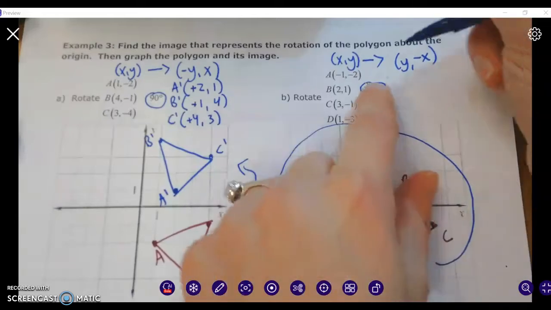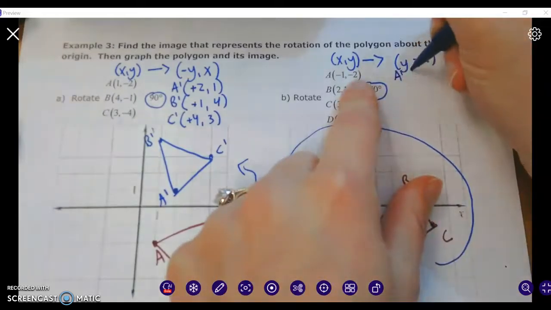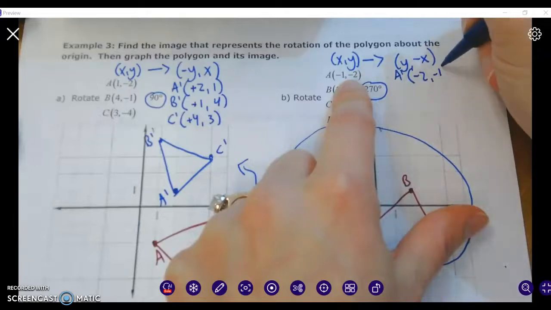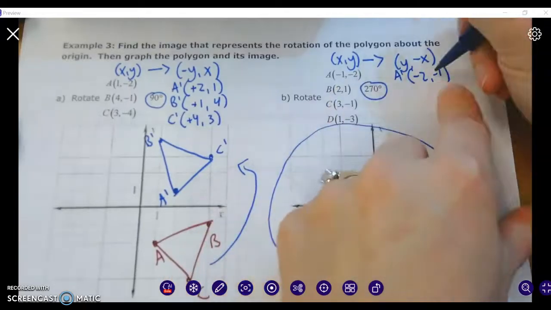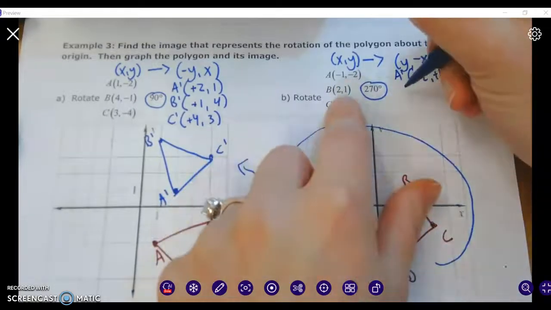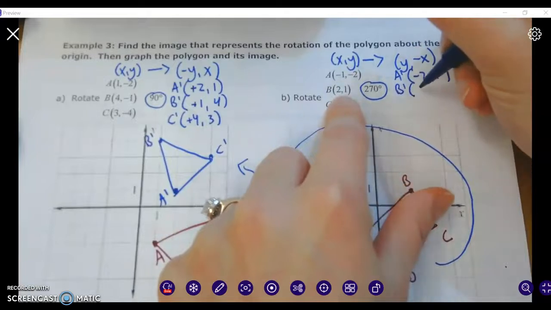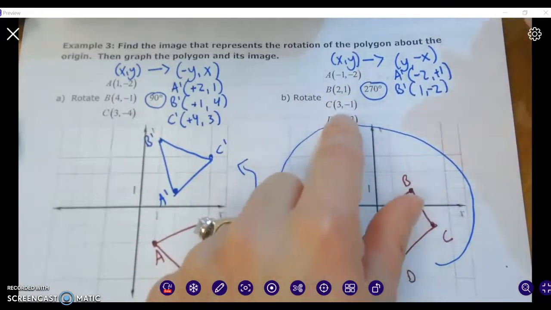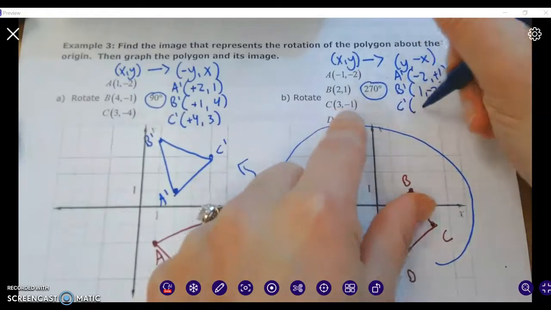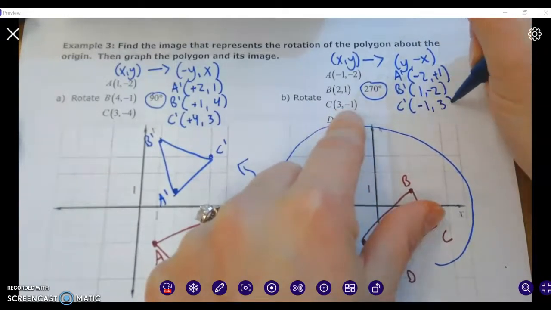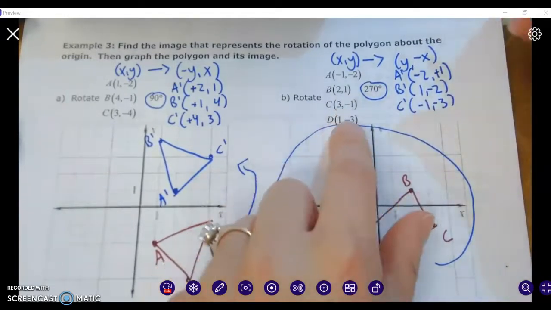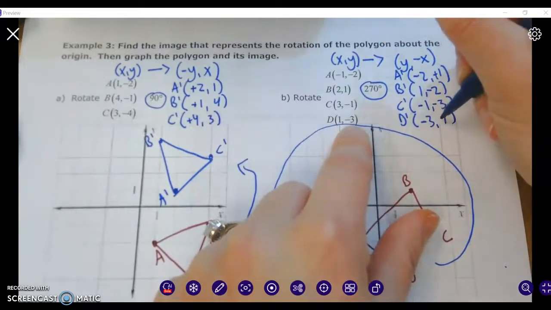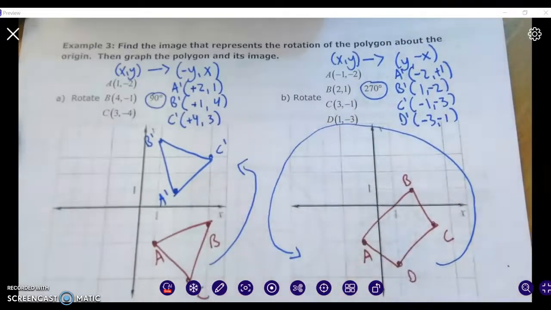Okay, so we're going to apply our rule. For A prime, we flip the spots of the numbers, -2, -1, and change the sign on the x. B prime, flip the numbers 1, 2, and change the sign on the x. C prime is at -1, 3, change the sign on the x. And D prime is at -3, 1, change the sign on the x.